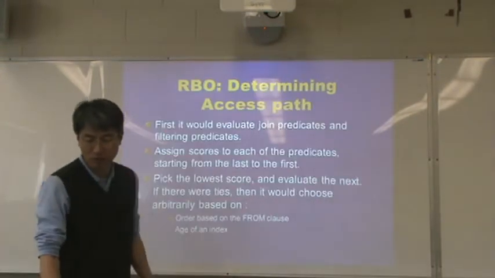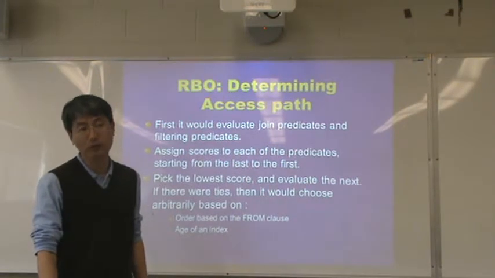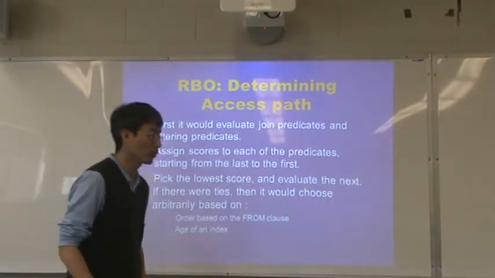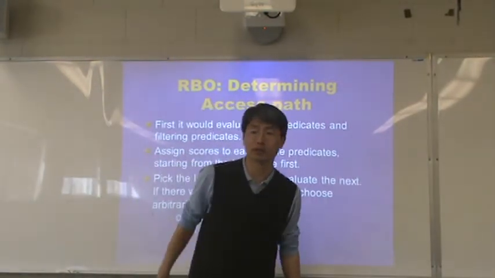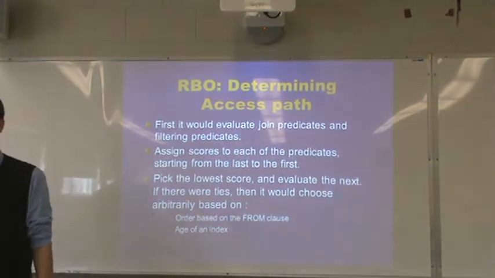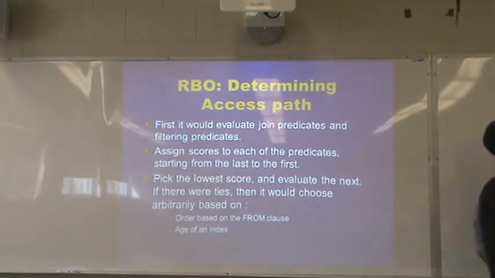So anyway, this is RBO, and using RBO the query optimizer provides the execution plan. The output of the Oracle query optimizer is the execution plan. You will see this in your exercise.